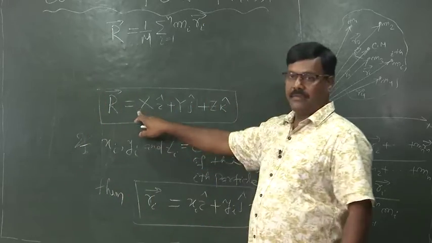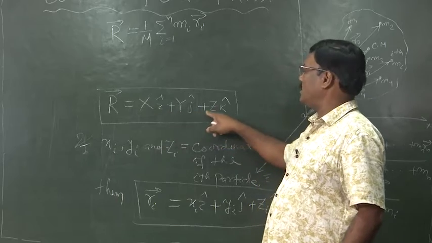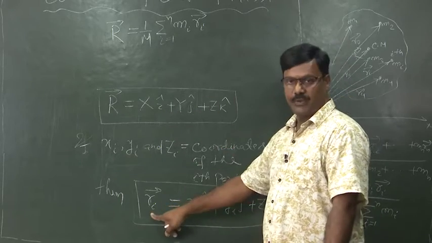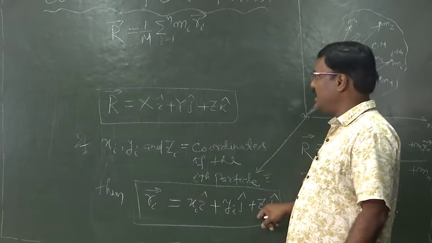Now, we have already derived the position vector R vector as X i cap plus Y j cap plus Z k cap. Also, the position vector of the ith particle as xi i cap plus yi j cap plus zi k cap.